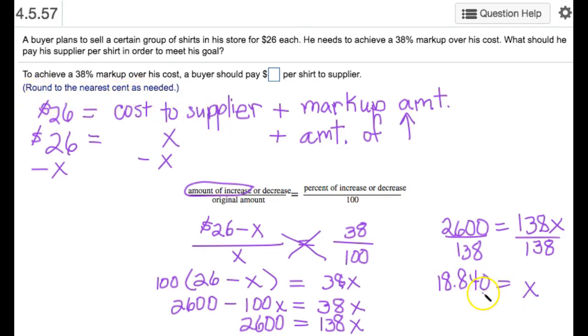If I have 3 place values, then I have enough to round to the nearest hundredth, so this would stay at a 4. To give some context, I could add a dollar sign: $18.84 is what I would want to pay the supplier if I were the buyer. And then I'd be able to sell it for $26.